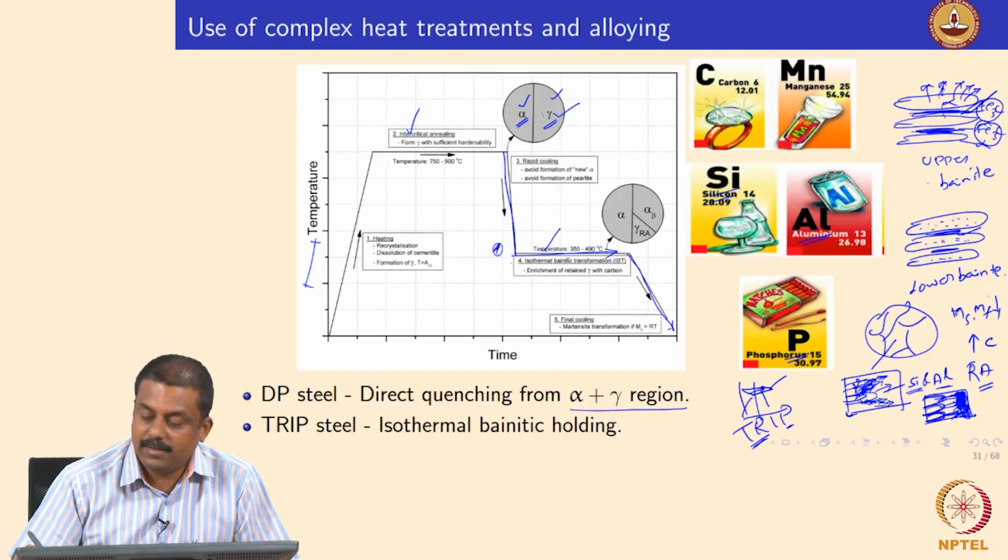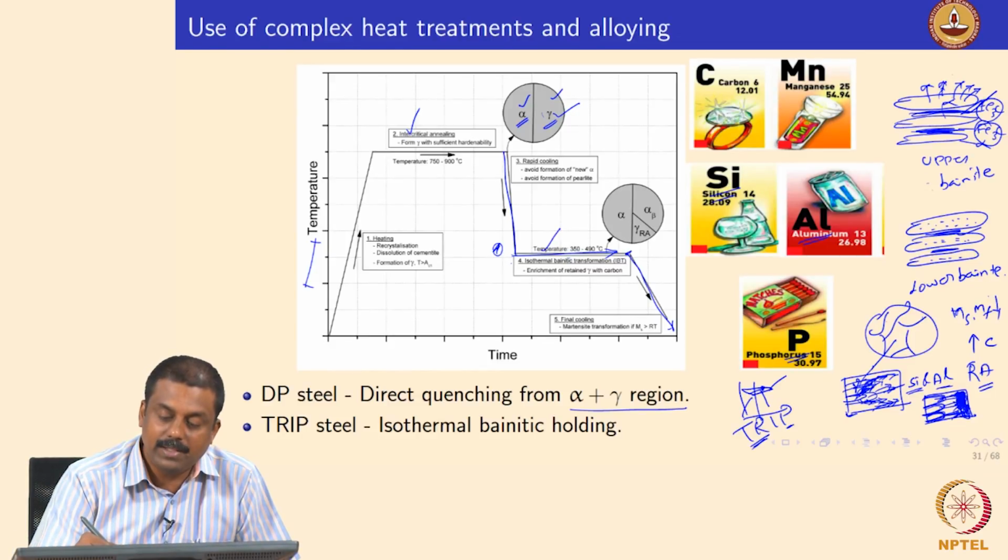During this process, we all know that the solubility of carbon in ferrite is much lower, so the carbon has to go out to the untransformed austenite, isn't it? And this untransformed austenite is getting enriched in carbon, and upon sufficient enrichment your MF temperature would go below room temperature. So, subsequently when you cool down to room temperature, your austenite would be stabilized.